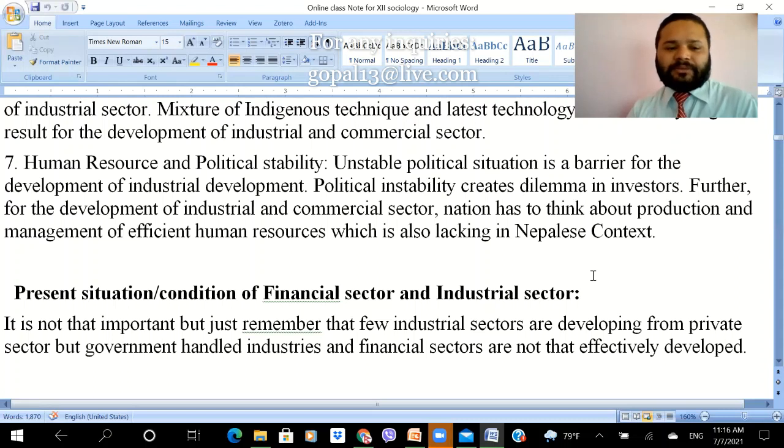Okay, so today we will be wrapping up with this conclusion: the main source of living for Nepalese society is agriculture, and then comes remittance, then employment, then industries, then the business sector, and then the self-employing sector.